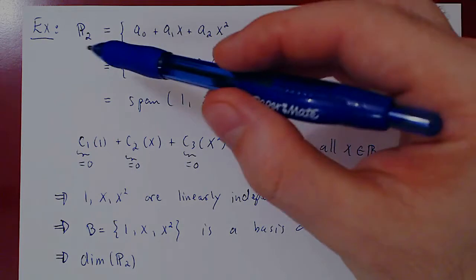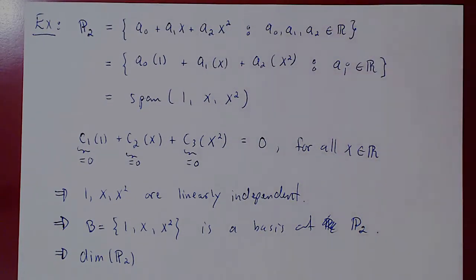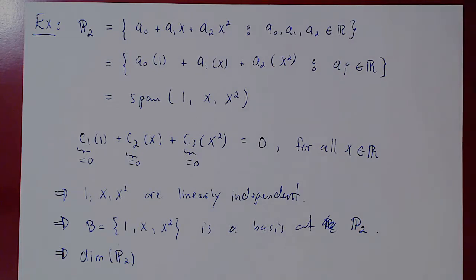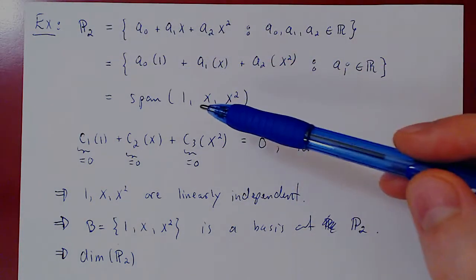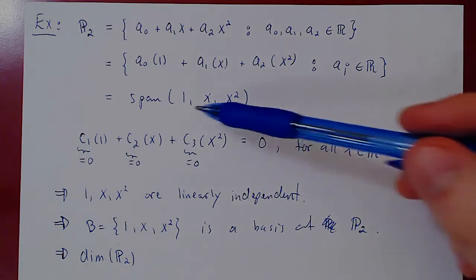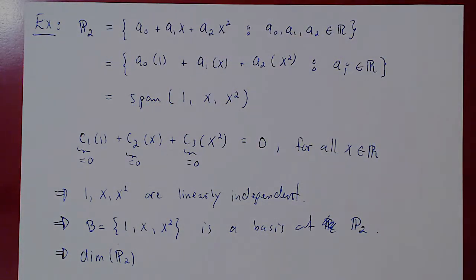We could have asked, prove that P2, the set of polynomials of degree at most 2, is a vector space, and you could have used here the subspace theorem, because this is obviously a subset of the vector space of all functions, so you would have had to prove closure under addition and scalar multiplication. But as we have proved that P2 is the span of 3 vectors, and we know the span of any number of vectors is always a vector space, this simultaneously proves that P2 is a vector space.